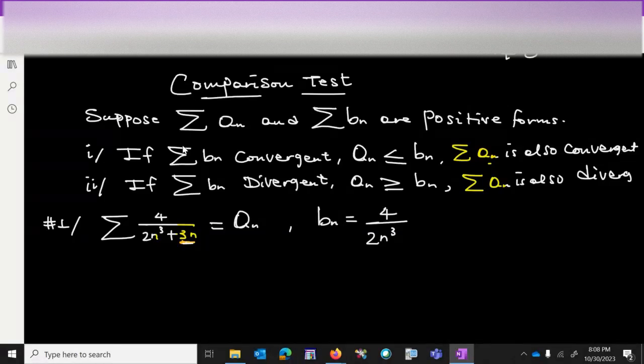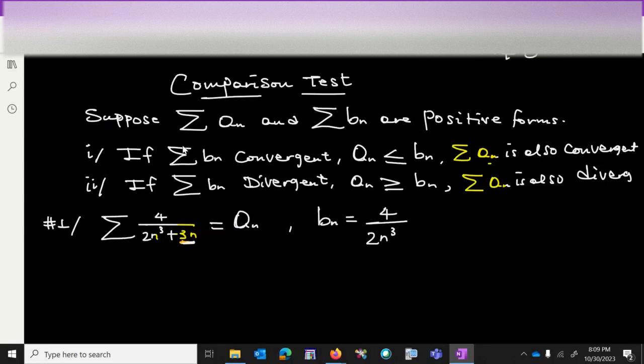With the 3n is the original a sub n, and b sub n is derived from it. After all, this is a comparison test, so I'm going to compare two things.